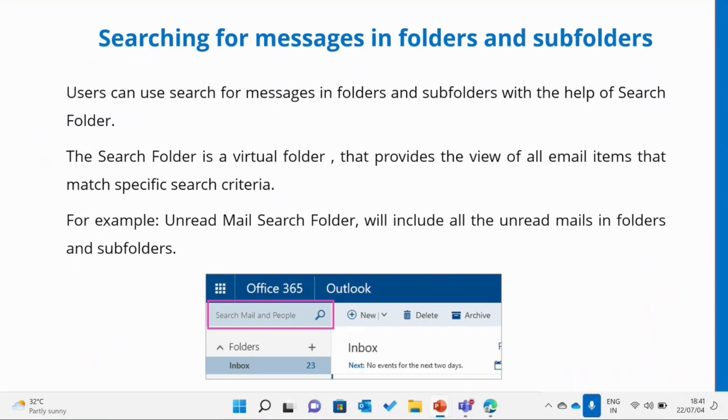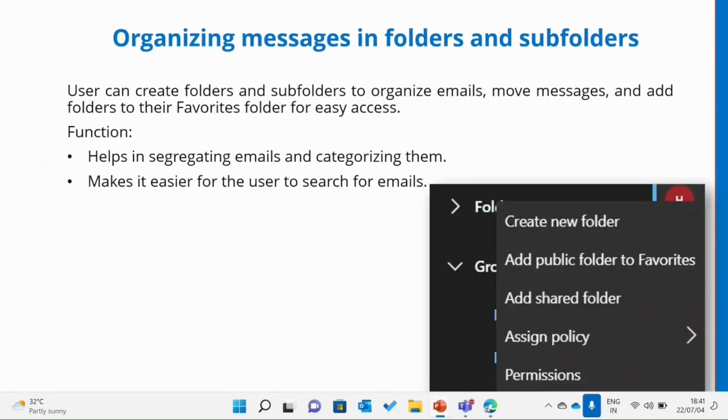So in case you would want to look for messages in folders and subfolders, you can use the search folder to look for all the messages that are there. Even if it's in a specific category, you will be able to search for it using the search folder, which is a virtual folder, right?